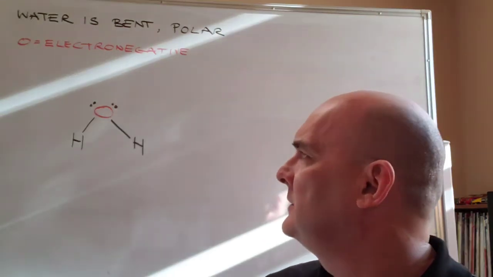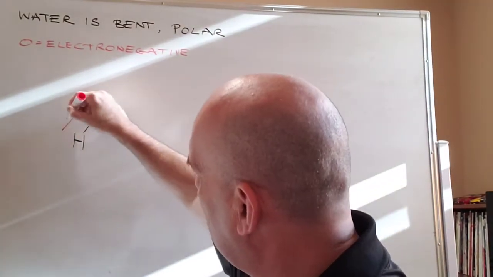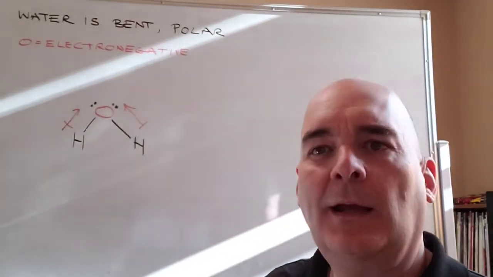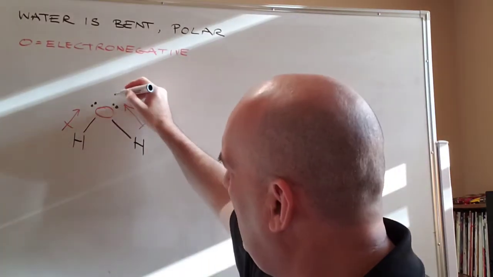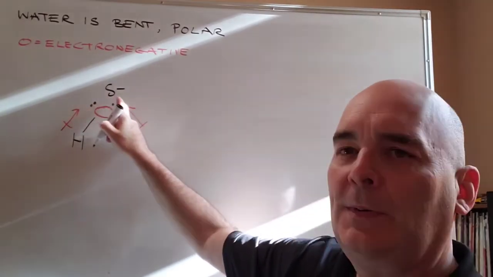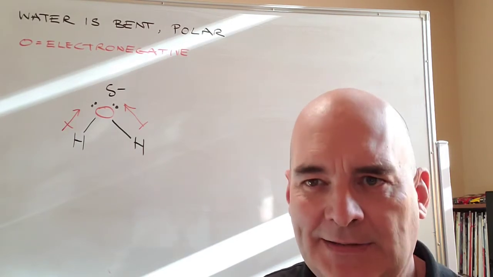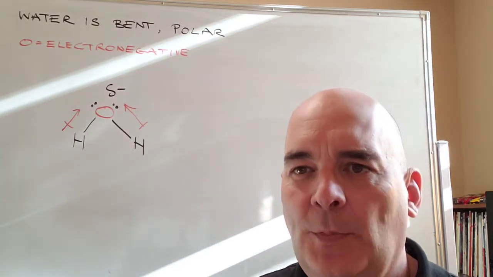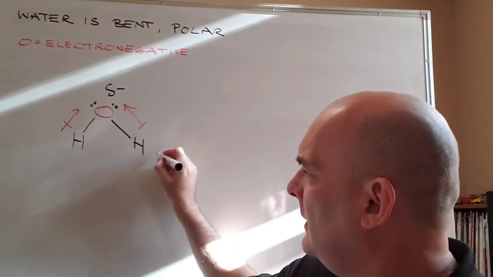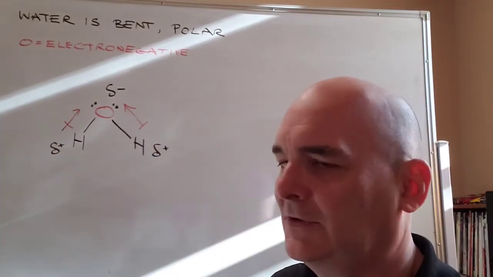The central oxygen is electronegative. It pulls electrons towards itself, giving that oxygen a small negative charge. We use the symbol delta, that's a lowercase Greek symbol d, delta, to mean a small change. The oxygen is a little bit negative, and these hydrogens are a little bit positive.